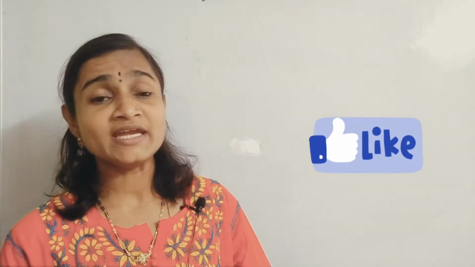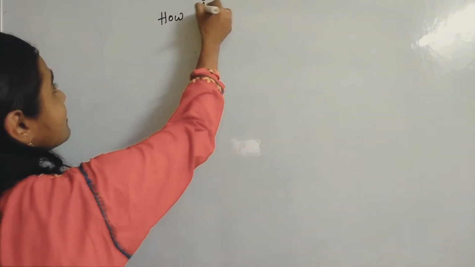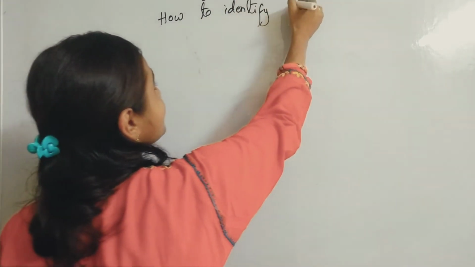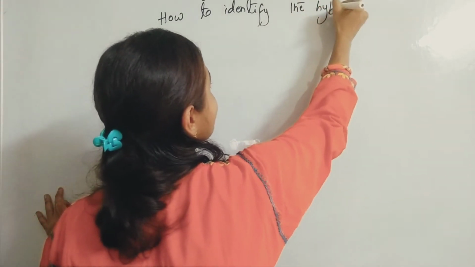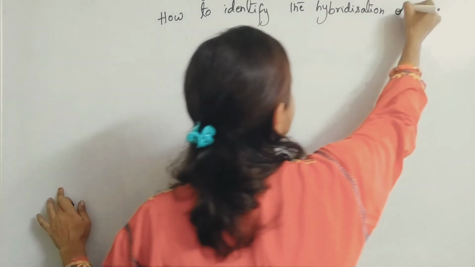Today I am going to give you some questions on how to identify the sp, sp2 and sp3 hybridizations occurring in carbon compounds. How to identify the hybridization of a carbon atom?